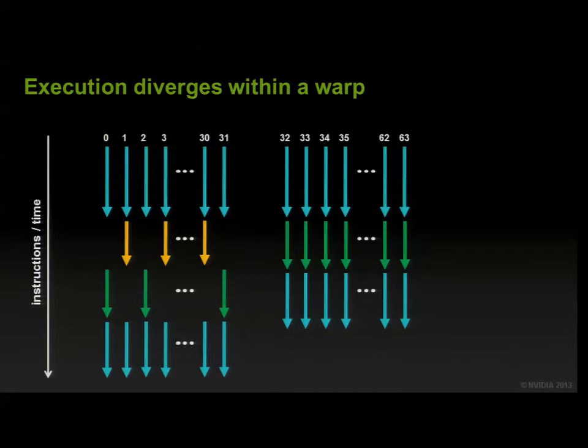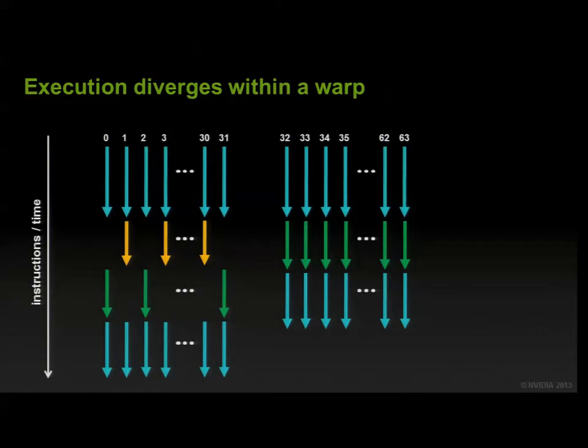Exactly. Like in this example, we have 3 threads that go through the true branch and 3 that go through the false. Even if it were 30 that go through the true branch and just 1 that goes through the false, the 30 will be carried through the false branch. They're just idling. They can't do anything. Keep in mind you're issuing instructions that go for 32 elements at a time.